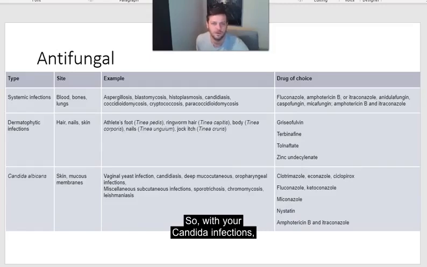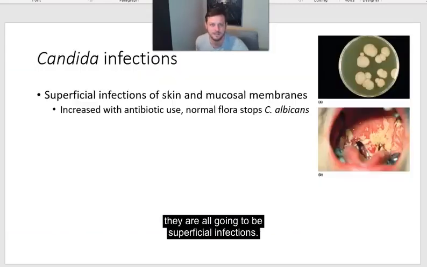So with your Candida infections, they are going to be all superficial infections. They increase with your antibiotic use. You remember when we were talking about superinfections with Candida albicans in the last section on antibiotics.